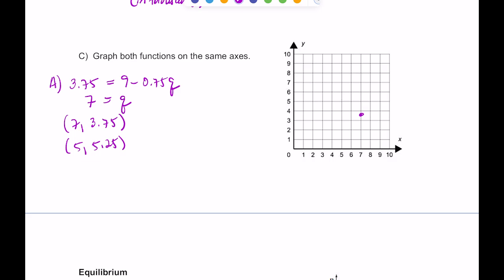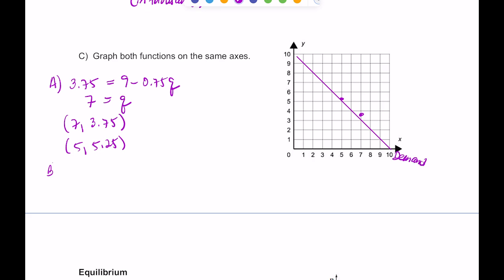And then you've got 5 and 5.25, which is maybe going to go right about there. Okay, and it's going to look something like that. So there's your demand equation.